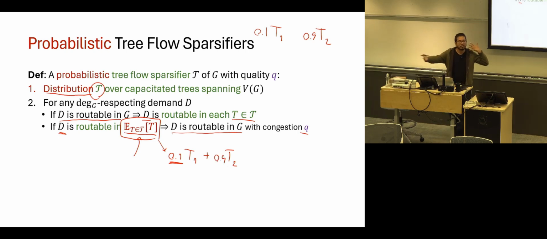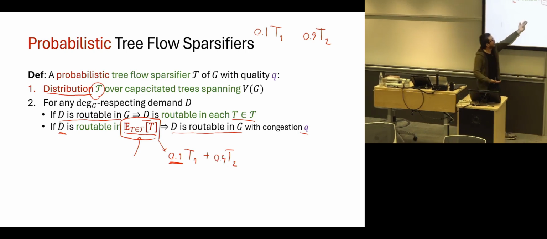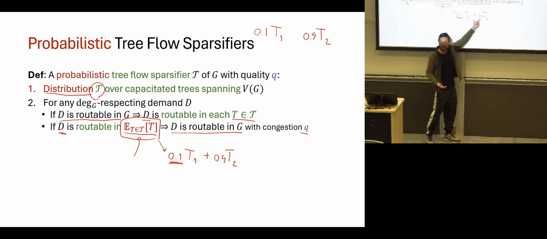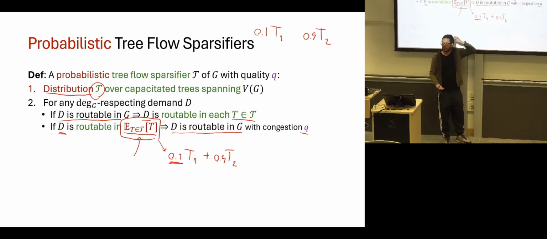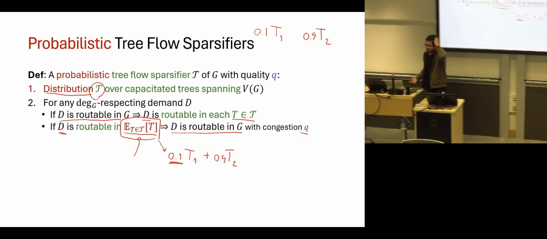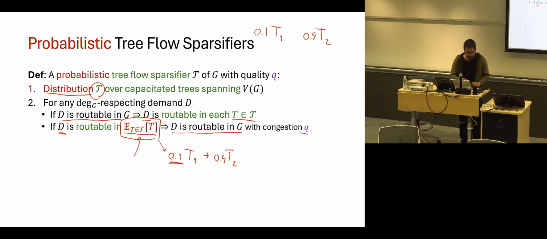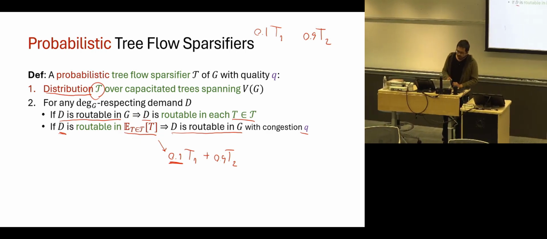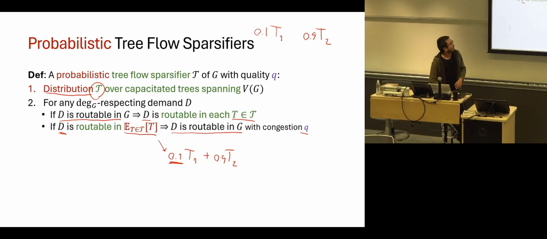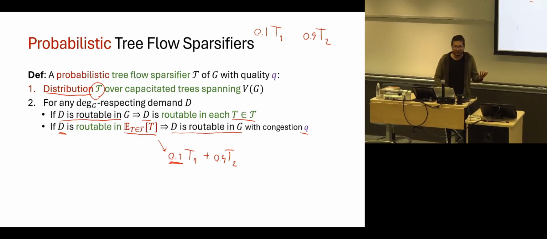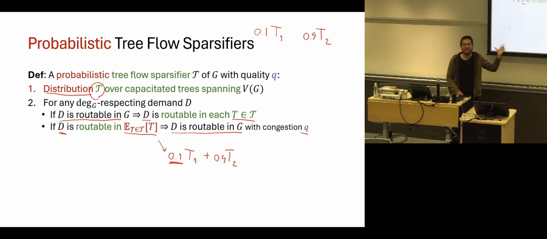So it's just kind of a union of the two trees with some scaling, which scales down the capacity of edges in these trees. So the only point that you should see is that tree-flow specifier is just stronger than the probabilistic version.